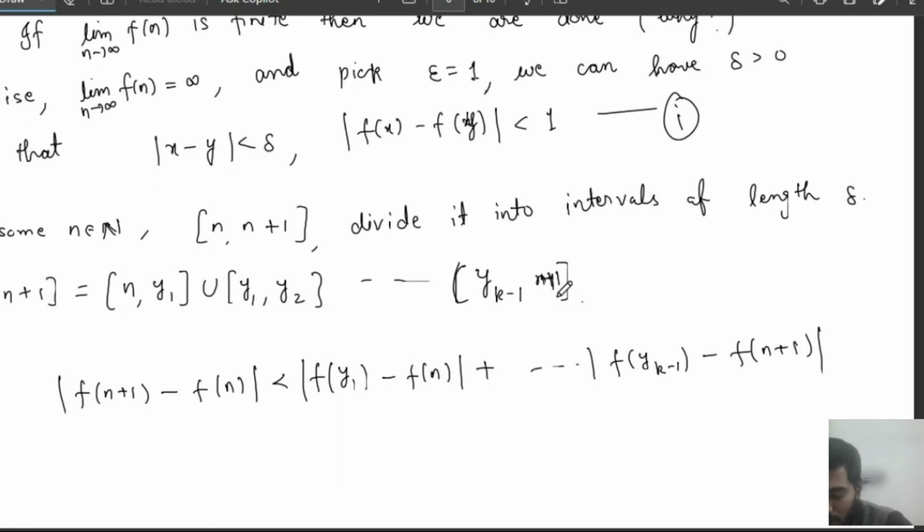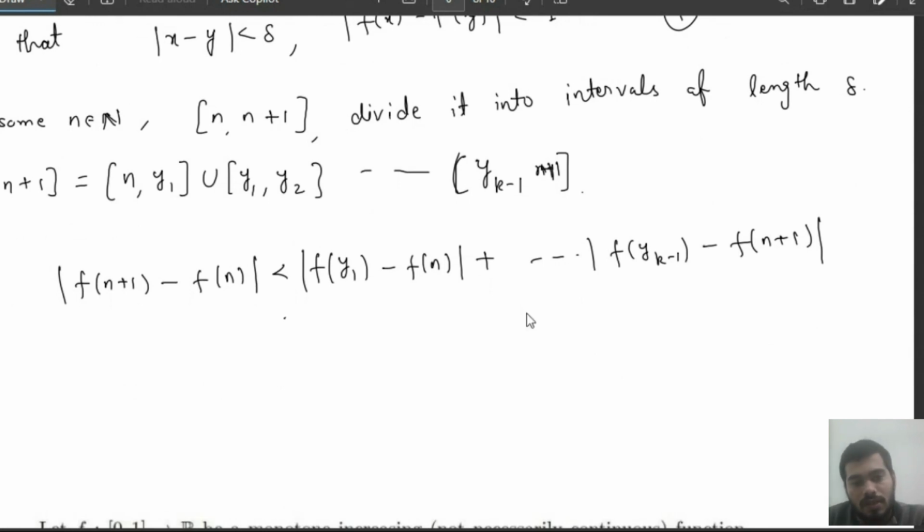And one more thing: if the length of each interval is delta, then how many such intervals are possible? One over delta. Very nice.